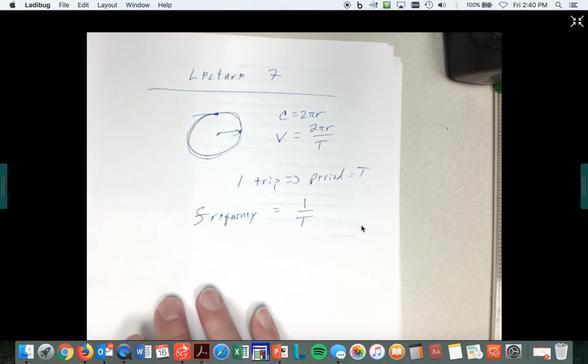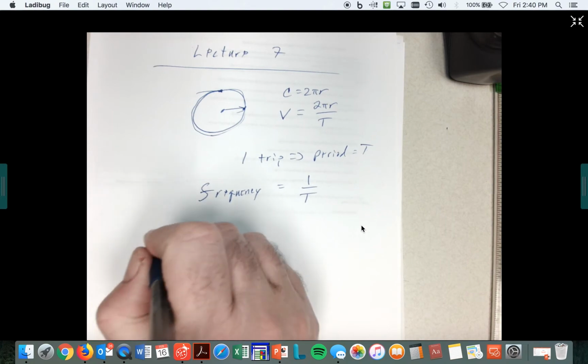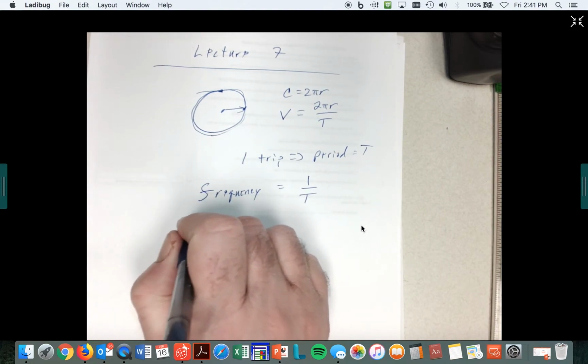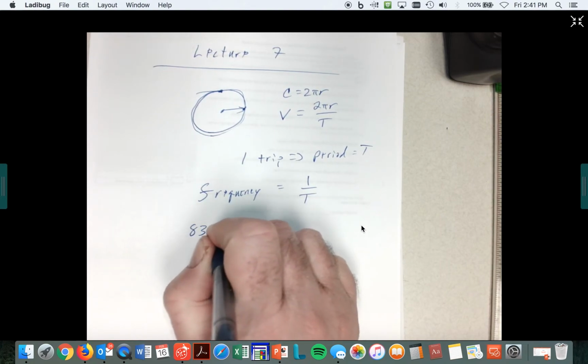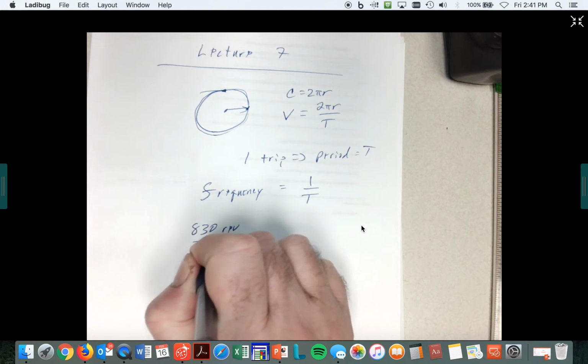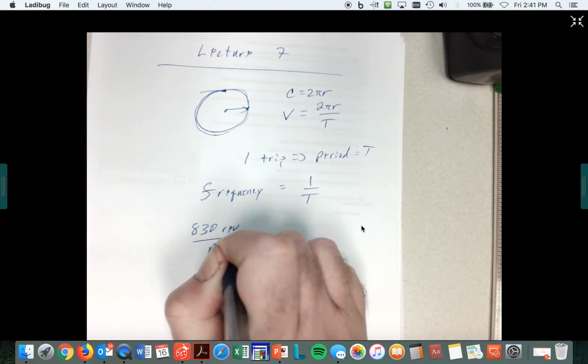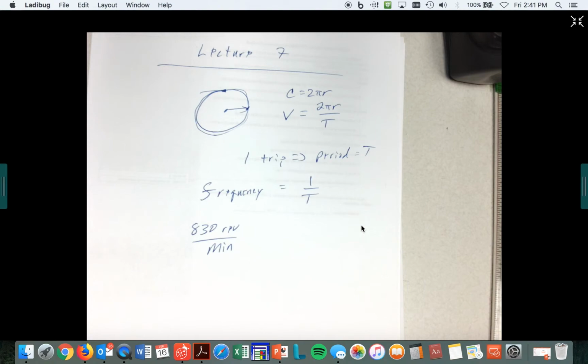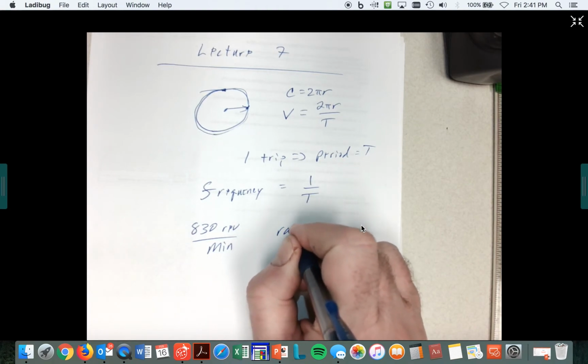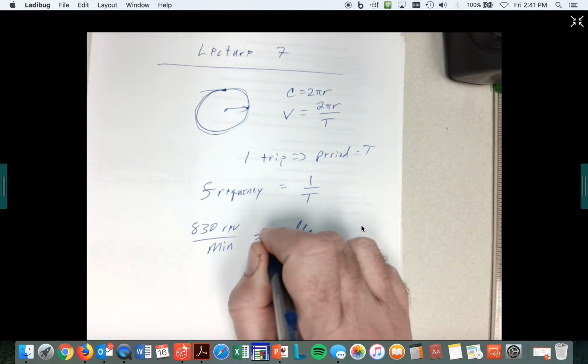Because this I think is an important thing. So they're saying 830 revolutions per minute. First thing we're going to do is turn this into radians per second.